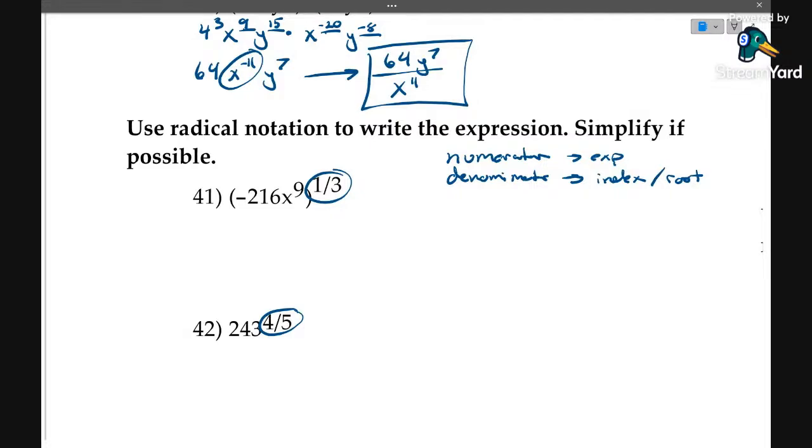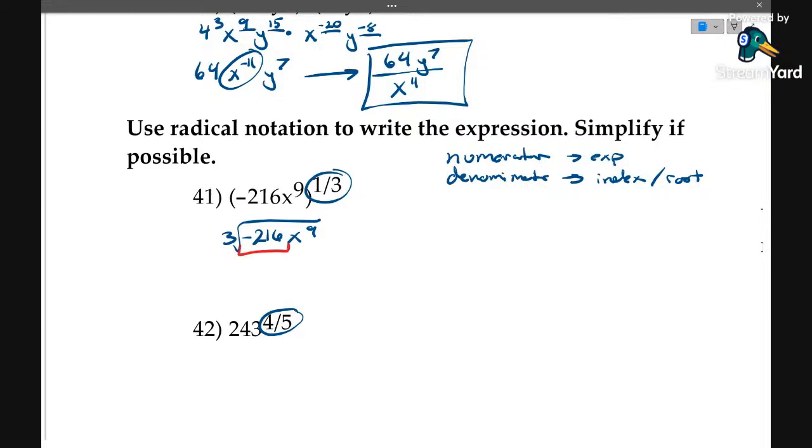So I can rewrite this expression as the third root of -216 x to the 9th. And this whole thing is just being raised to the first power. I don't need to write that exponent of 1, so we can just rewrite it as the third root of -216. And then from here, we can simplify the expression as much as possible.